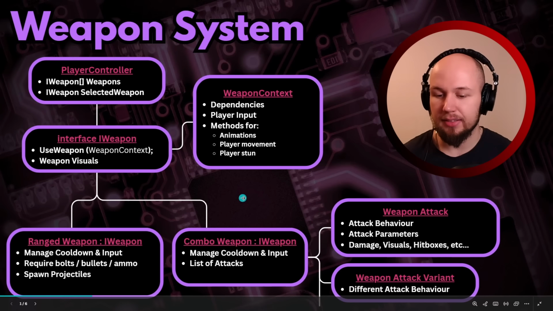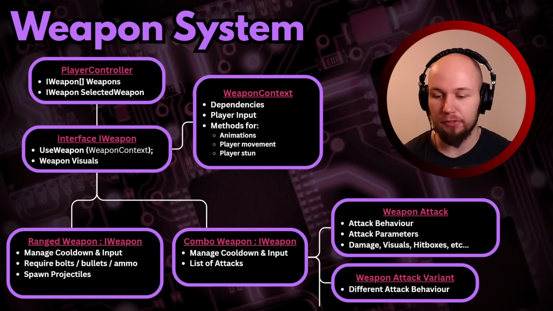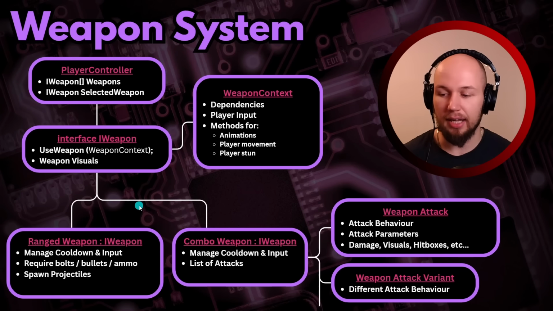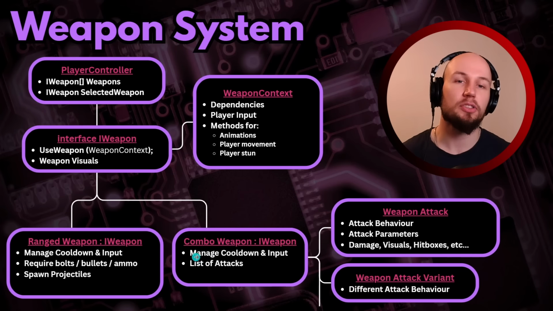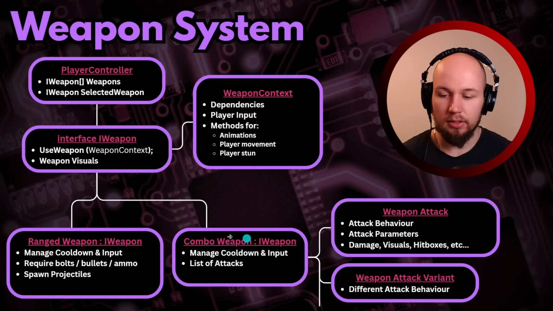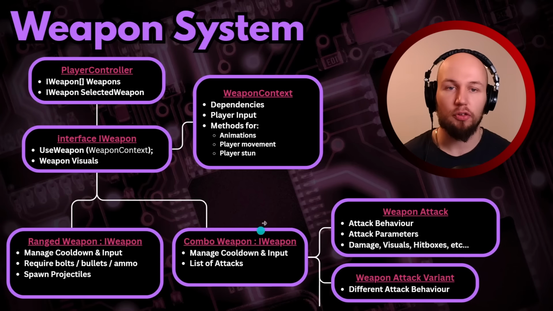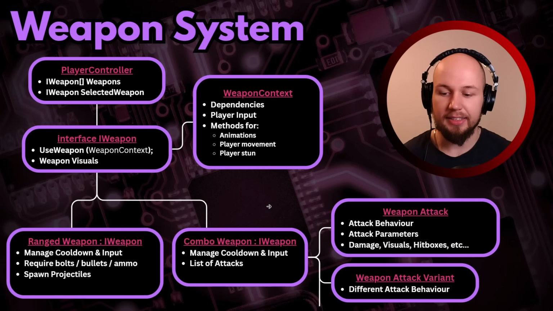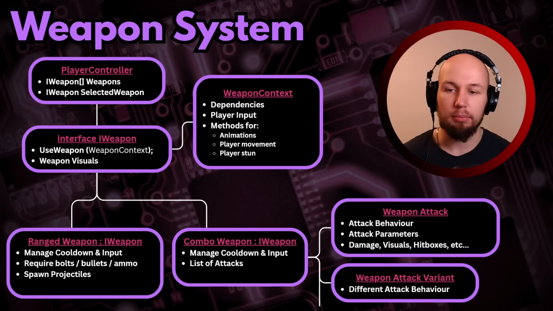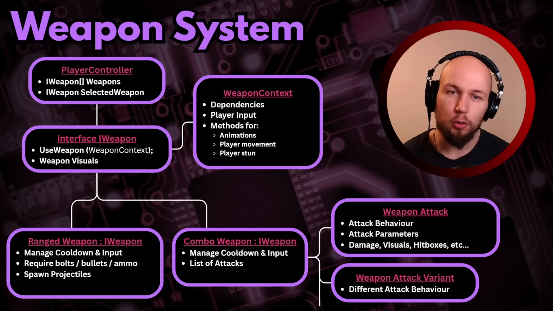And these weapon instances, first of all, are responsible for managing their own cooldown and input and other requirements to use the weapon. So basically, when these receive an input from the player, these decide whether to use the input or just ignore them. So some weapons, for example, would cause attacks when you click the mouse.